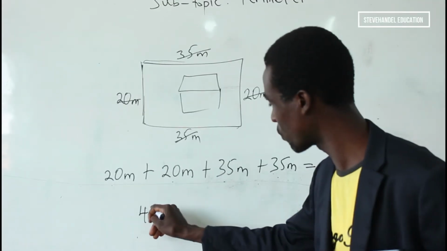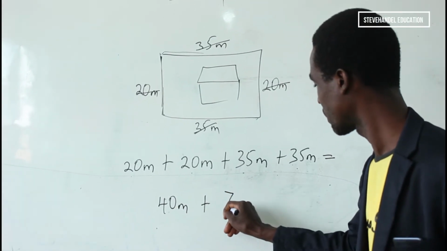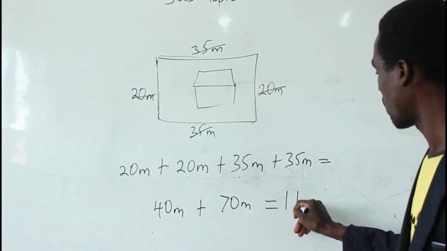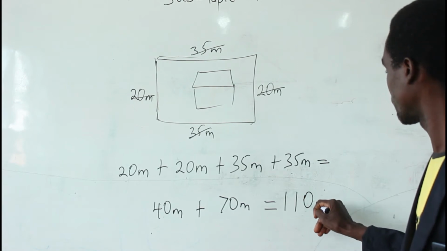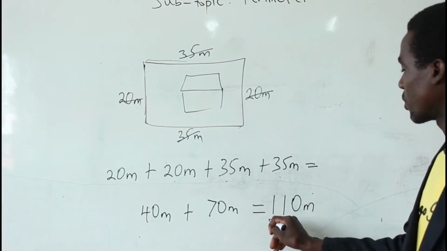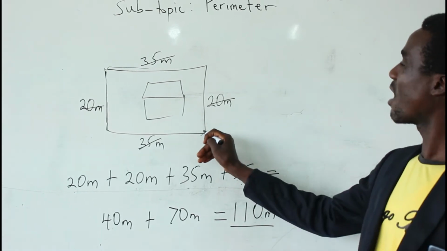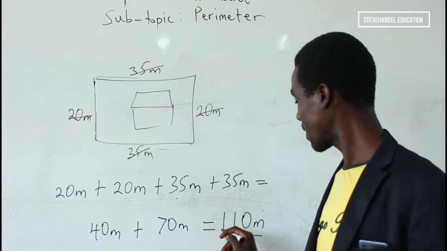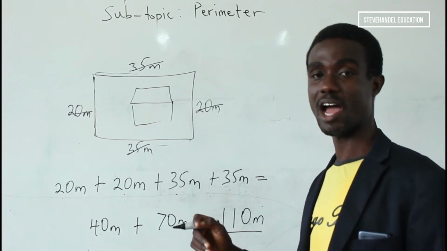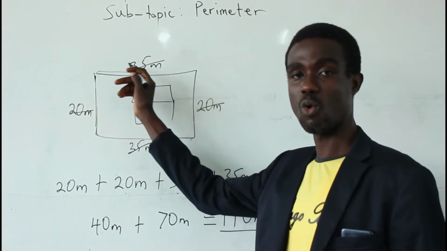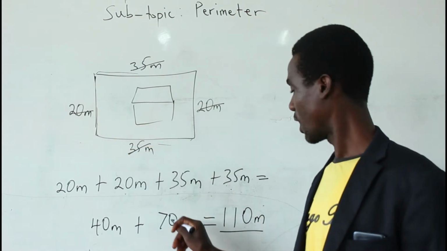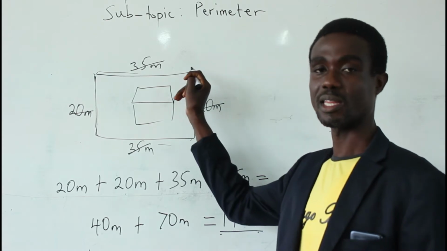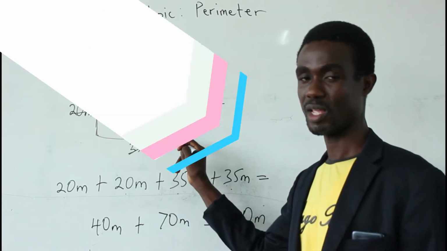So this gives us 40 meters plus 70 meters, which will eventually give us 110 meters. So this is the distance around our fence in the house. So daddy will need to get 110 meters of wire to be able to light up the whole fence at home. And 110 meters is the perimeter of the fence at home.